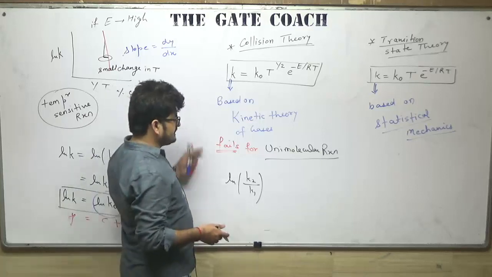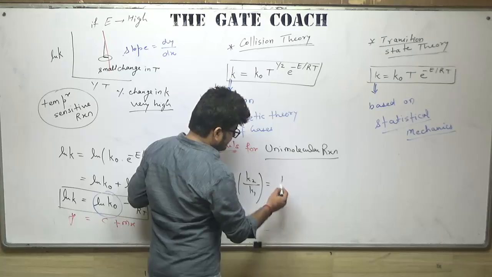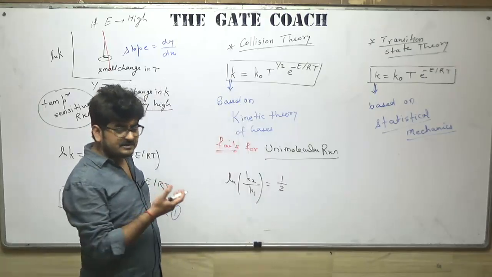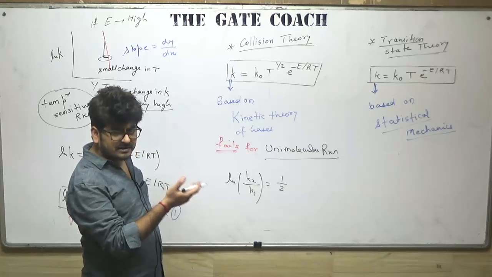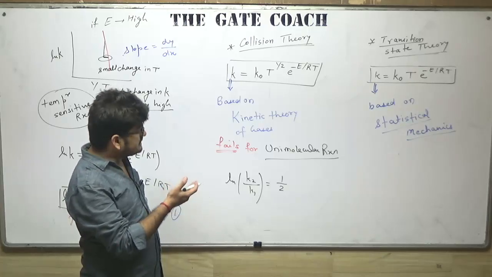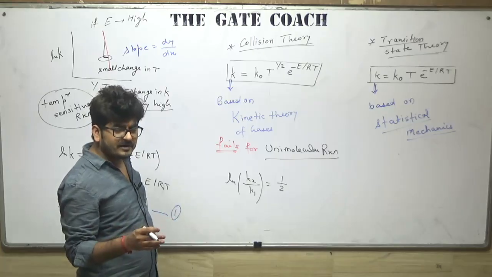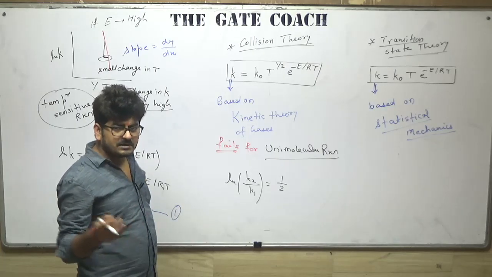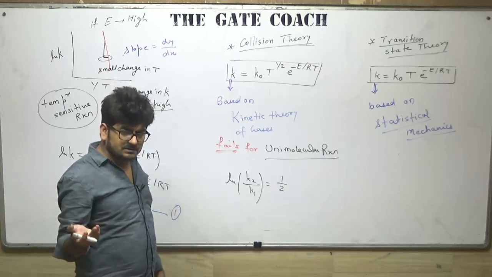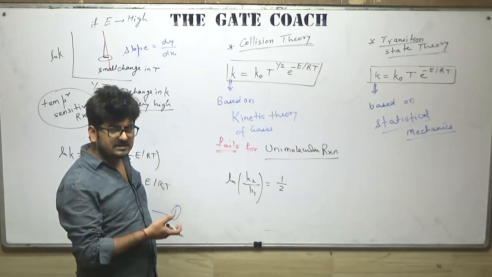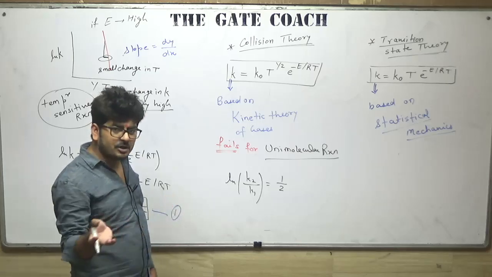Then collision theory will be, I am writing this directly, and as we did for the Arrhenius theory, you can do for the collision and transition state theory similarly. If you are not able to find this relation, then you can ask over the call or over WhatsApp, or otherwise you can see this derivation in your study material.